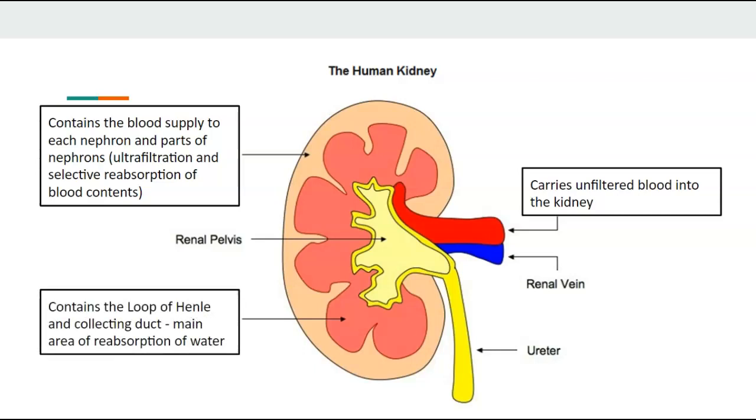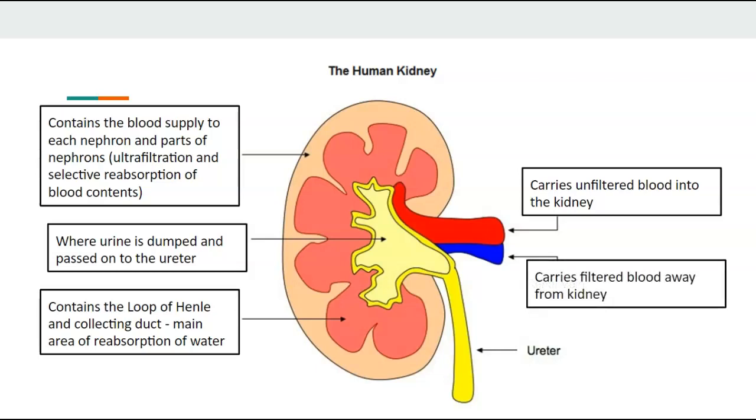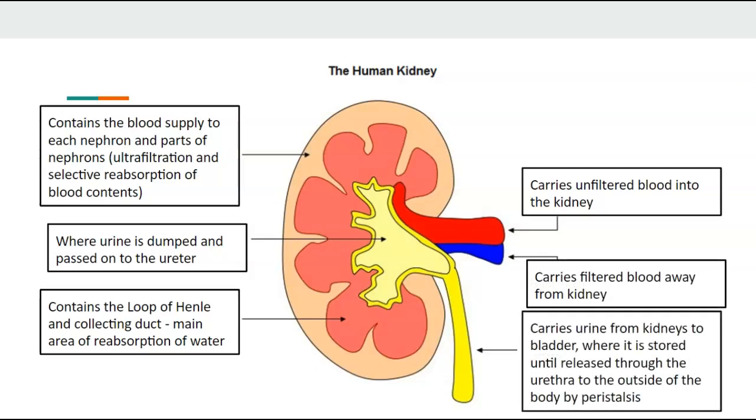This is part of the nephron. This is where water gets reabsorbed if necessary. Renal pelvis is where urine is dumped out and into the ureter. So the water that does not get reabsorbed ends up in the pelvis. Renal vein carries filtered blood away, and ureter carries urine away.